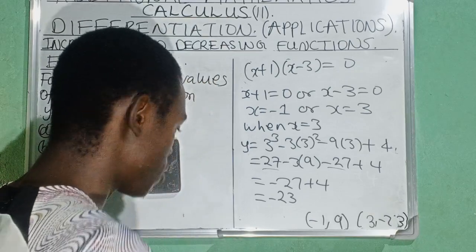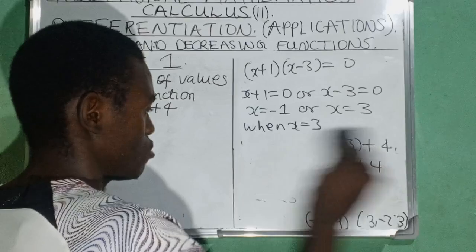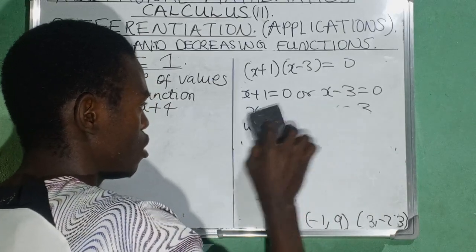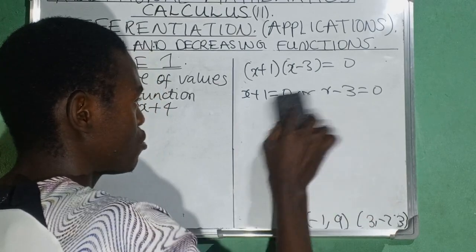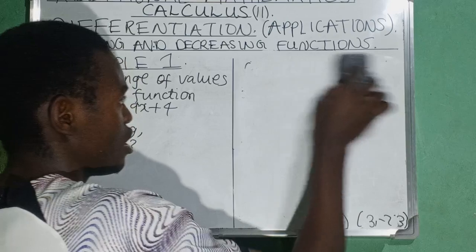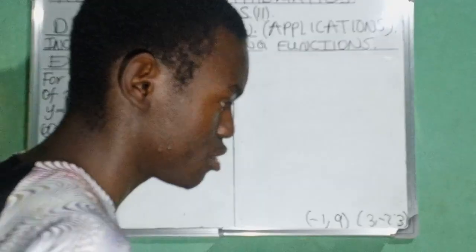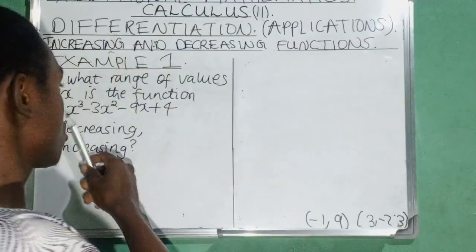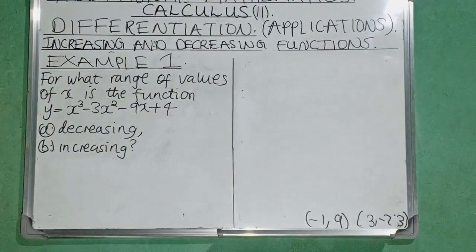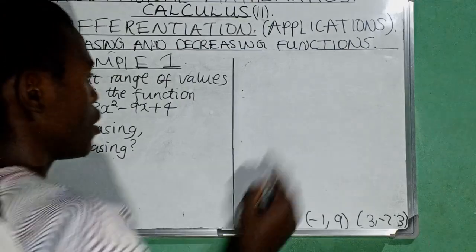And then after we do this, what are we now going to do? We just sketch this cubic equation using these two stationary points that we have found.